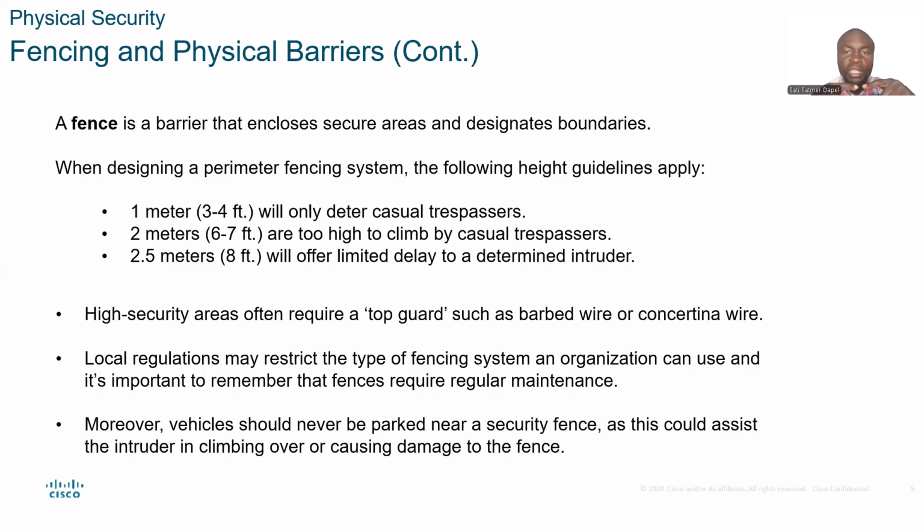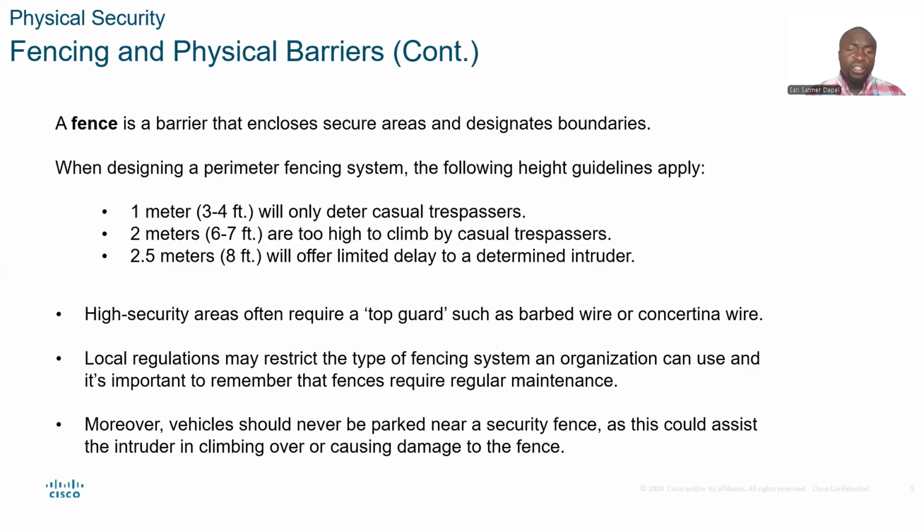In most cases, that particular setup indicates that you are just preventing people from coming in. That's all. They know that this is a barrier. Then you have what we call the 2 meters, which is the 6 to 7 feet, which is too high to climb by casual trespassers. And then you have what we call the 2.5 meters, which is like 8 feet, which will offer limited delay to a determined intruder. But in any case, it's a fence that deters trespassers from crossing by.